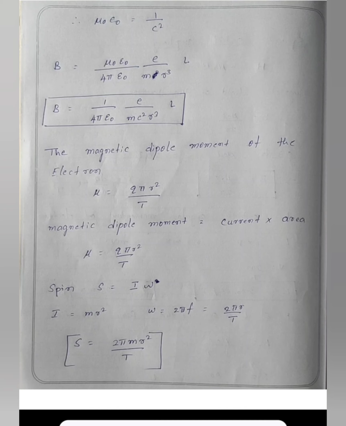You know I is the moment of inertia, I is equal to m r square. M is the mass, r is the distance, and omega is the angular frequency, which is equal to 2 pi f. F is the frequency. So f is equal to 1 over T.